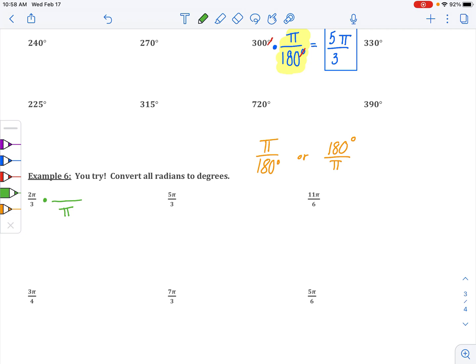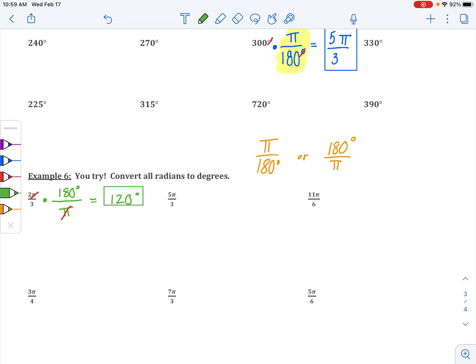If that's in the bottom, that means I have 180 degrees in the numerator, and my pi's will cancel. Multiply across, you'll get 360 degrees divided by 3, which is 120 degrees. I got the units I wanted, radians canceled out, and I just showed that 2 pi over 3 is really 120 degrees.